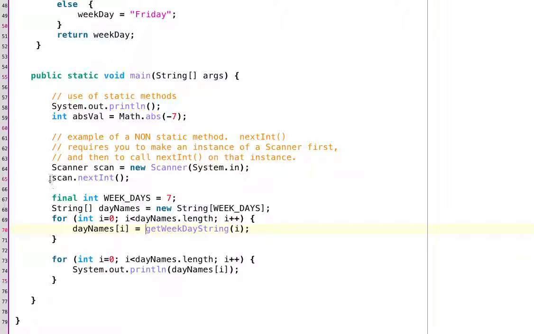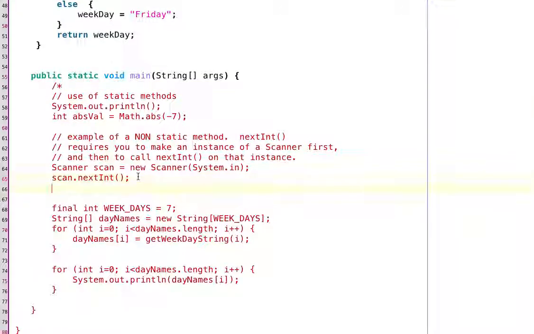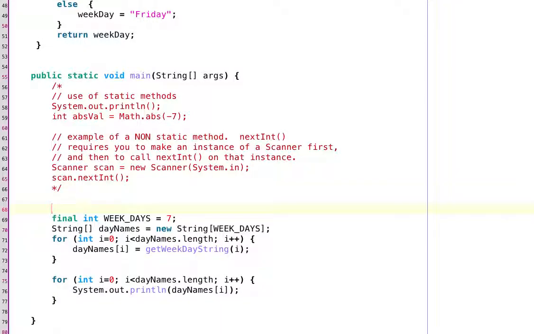So instead, I need to make an instance of my Chapter 10 object. I'm going to comment this out for a bit because I don't actually want to run it and have it wait for me to type it in here. Chapter10 myProgram equals new Chapter10. It seems weird, right? I'm in the Chapter 10 Java file and I'm making a new Chapter 10.